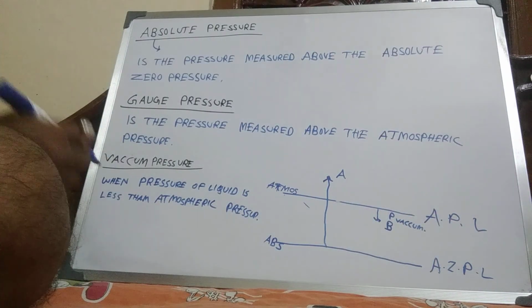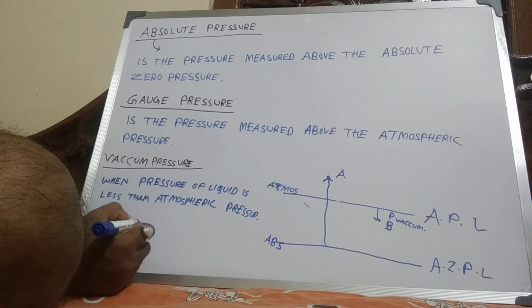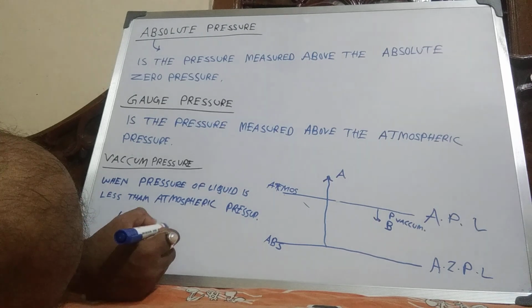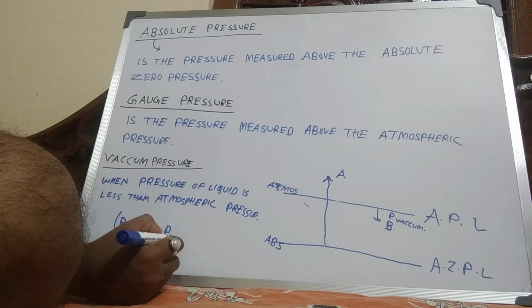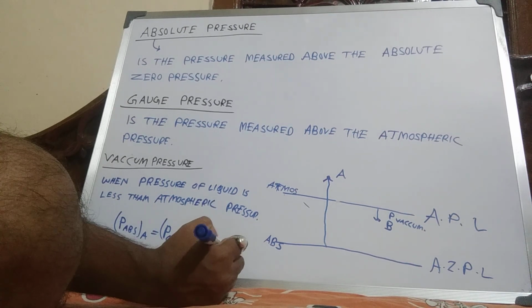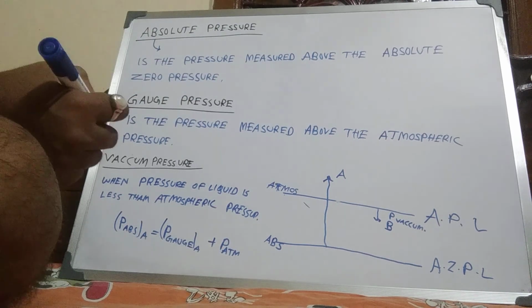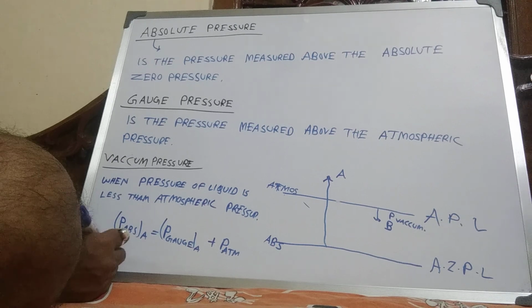So you can say P absolute at A equals P gauge at A plus P atmospheric, and P vacuum.